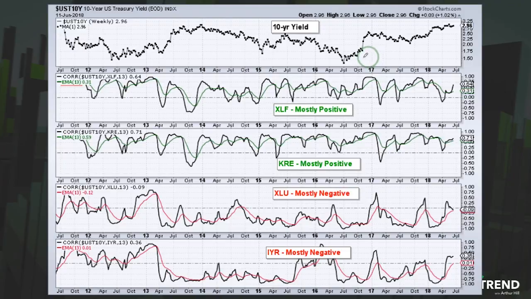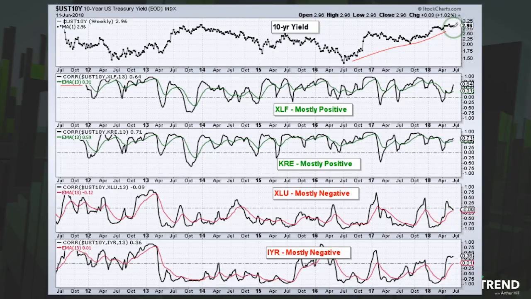We can see Treasury yields have been rising since that summer low, and there's a positive correlation with banks. So if Treasury yields continue to rise, that's going to be bullish for banks. And as long as Treasury yields rise, they have a negative correlation with utilities, which means utilities have downward pressure when Treasury yields rise.